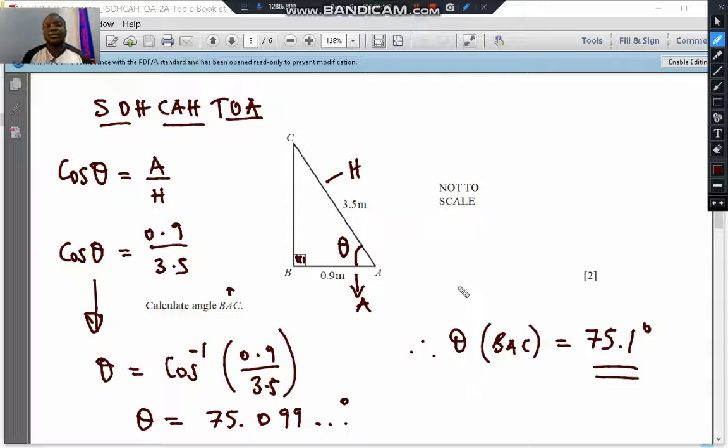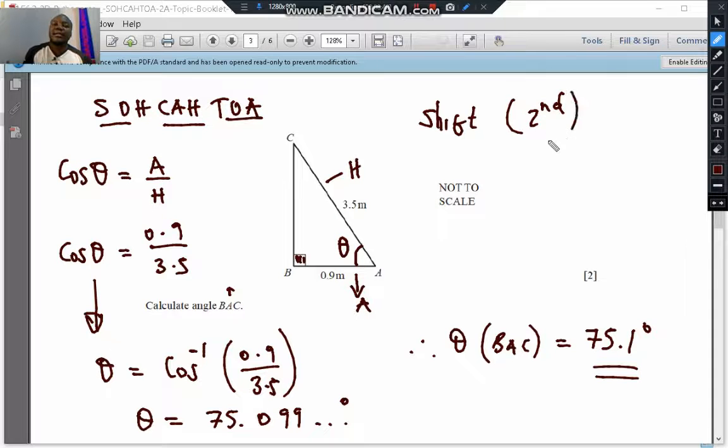So guys, I'm just going to emphasize this cos inverse here. When you are finding the angle, you need to use the second function of the same trigonometric ratio. In this case it's cos, so to find the value of theta, we say theta is equal to the cos inverse. On your calculator, look at the button on the top left corner, which says shift, or on other calculators a second function.